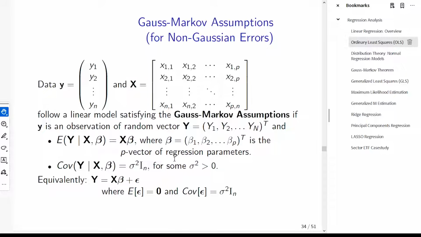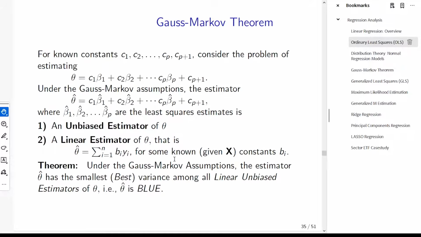So if we have our regression model for our y vector and x matrix, we set that up as the conditional expectation is x beta, and the covariance matrix is equal to sigma squared times the identity.